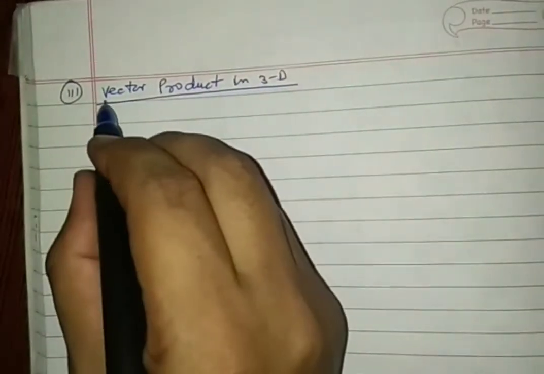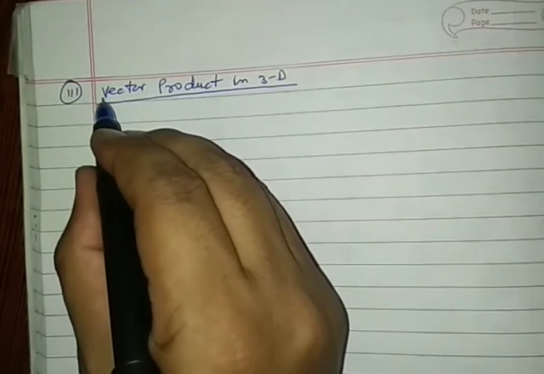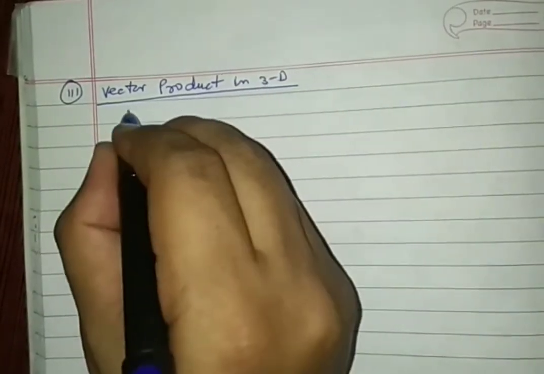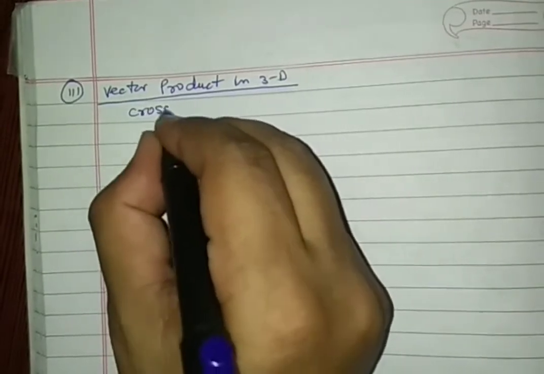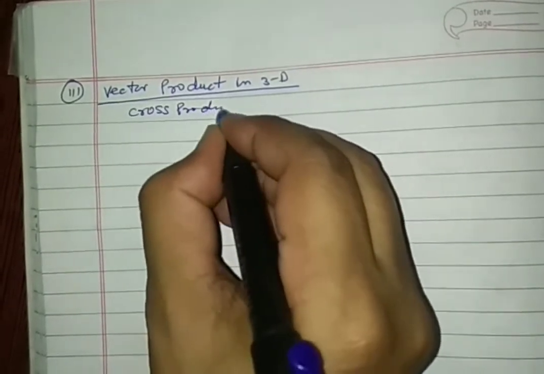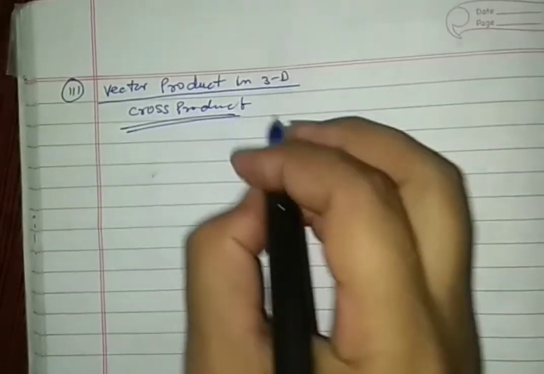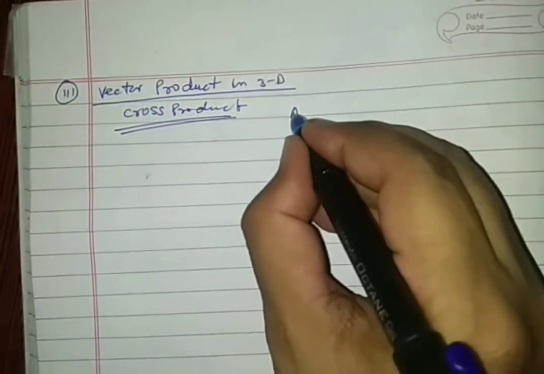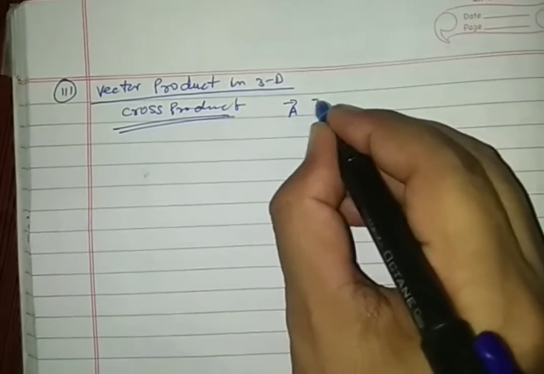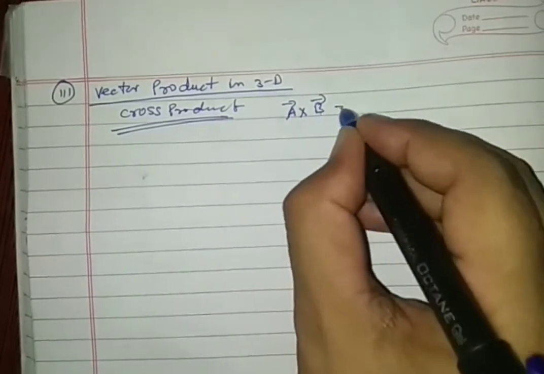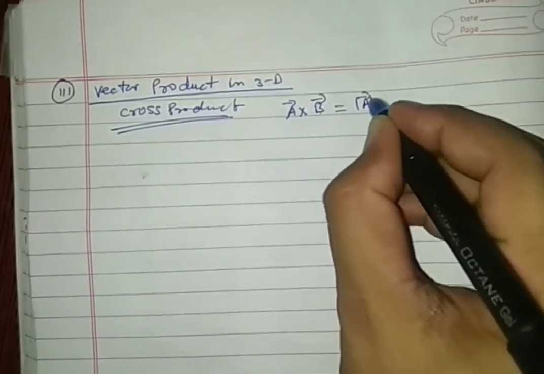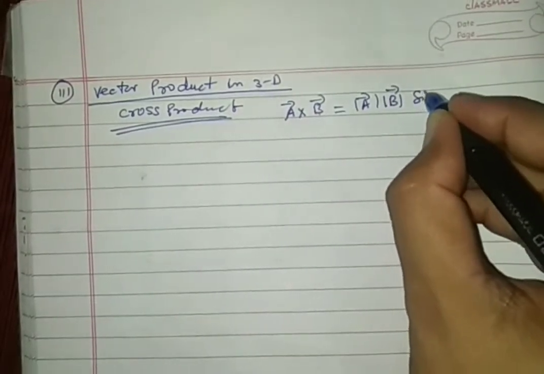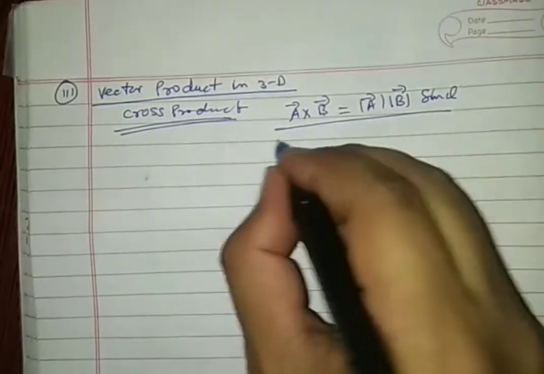Now we are going to see the last topic of today's lecture, vector product in 3 dimensions. It is also called the cross product. Between two vector quantities a and b, it is denoted by a cross b, defined by magnitude of vector a into magnitude of vector b into sine of angle between both.